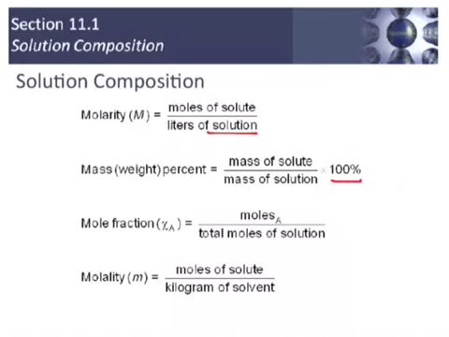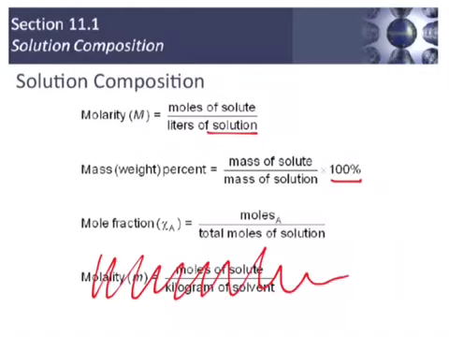Mole fraction is moles of A, whatever substance you're interested in, over the total moles of the solution. Then you have molality. The AP is not really concerned with molality, so you're not going to do any calculations with it, but just know that it exists. It is moles of solute per kilogram of solvent.